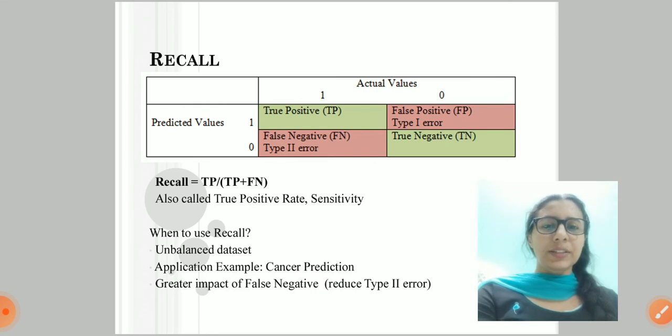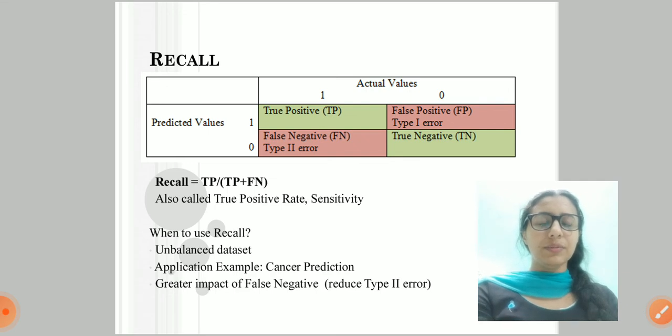As I explained earlier, accuracy can be used for the balanced dataset only, but for the unbalanced dataset we can use recall. It is used in those applications where the false negative has a greater impact on the results, and where we need to reduce the type 2 error, applications such as cancer prediction.